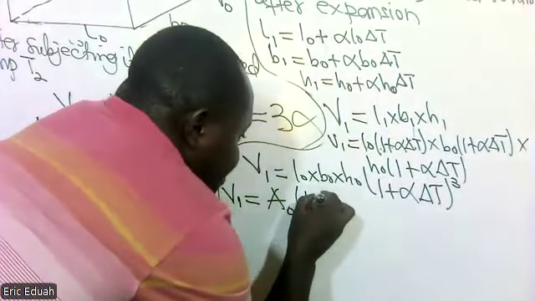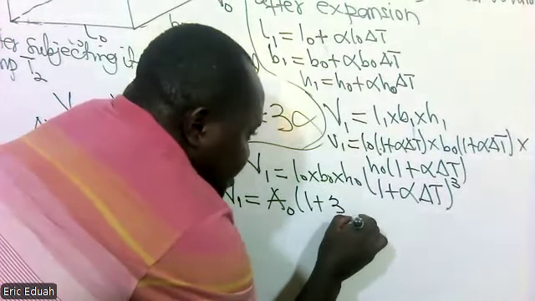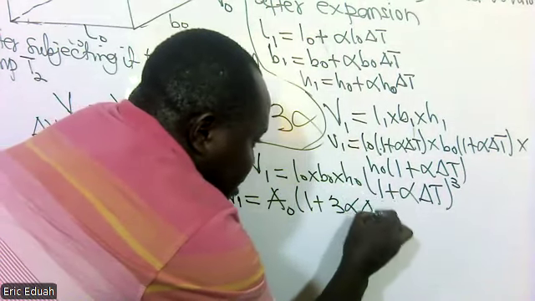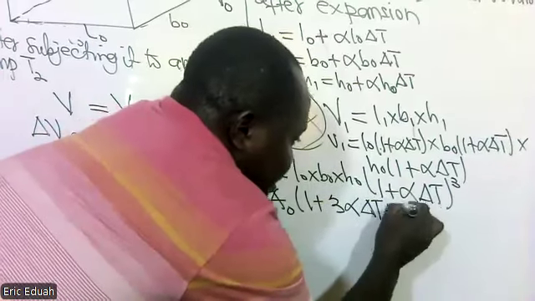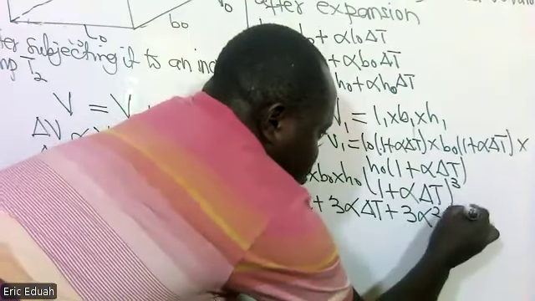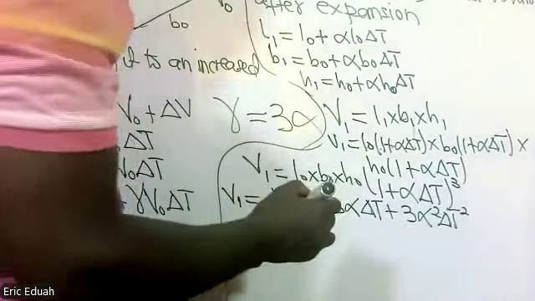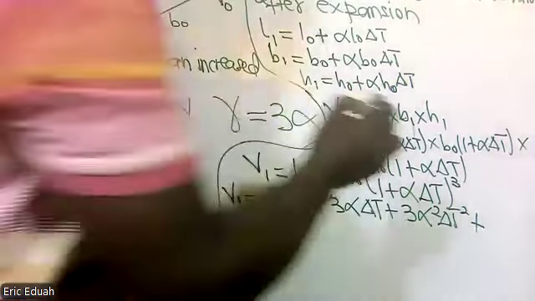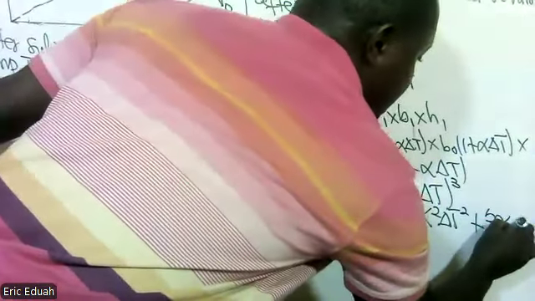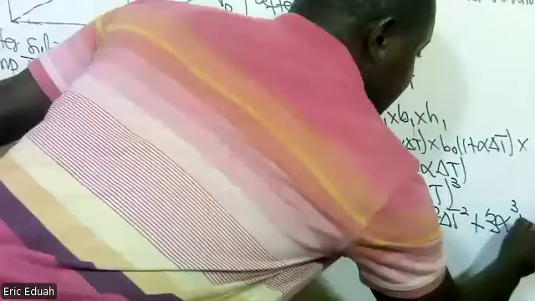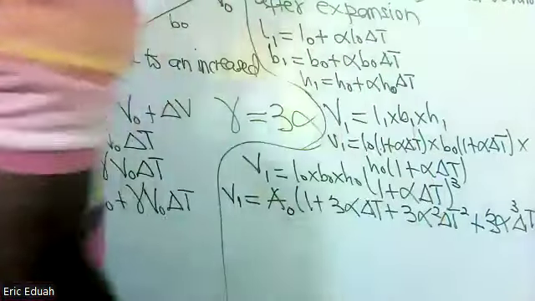Expansion of this is 1 plus 3 alpha delta T plus 3 alpha squared delta T squared plus alpha cubed delta T to the power 3.